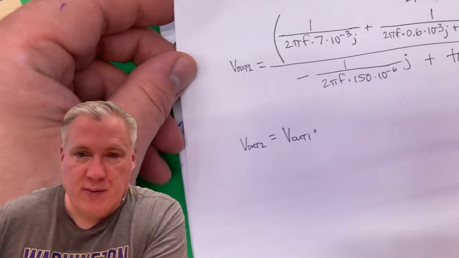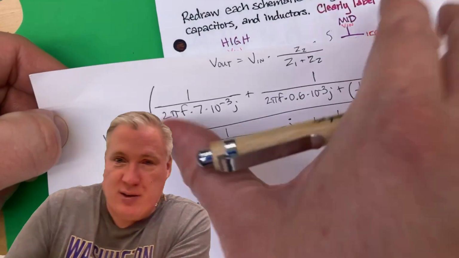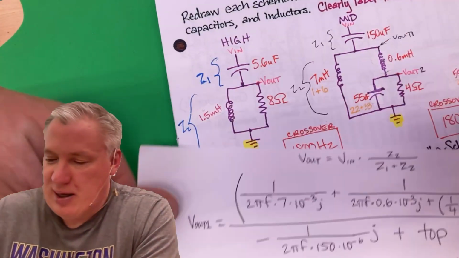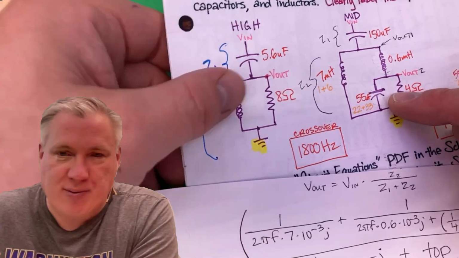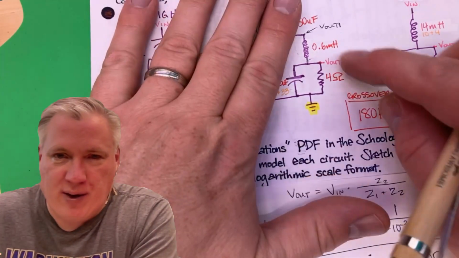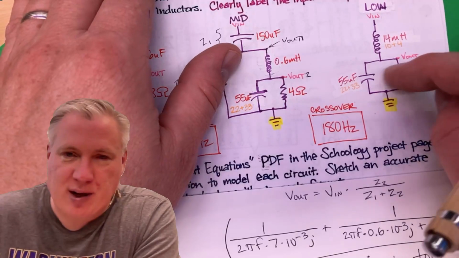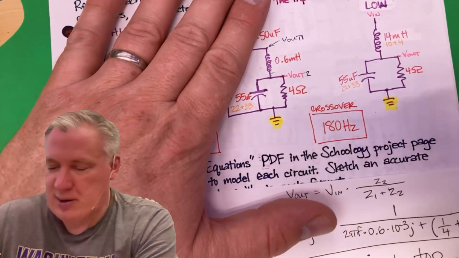So V out 2 is equal to V out 1 times this whole crazy thing, which I'm not going to write again, times, and now I'm just looking at this circuit. Just that circuit. I'm ignoring all the rest of it because I'm just looking at starting from here going this way. And that's identical to how we wrote this equation. So our Z2 are these two parts, our Z1 is that part.